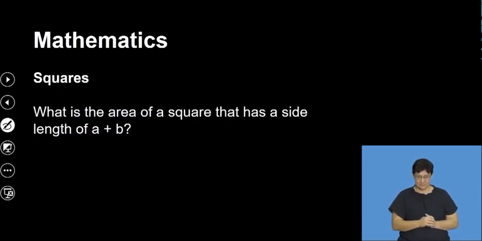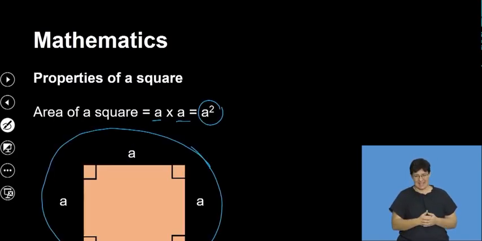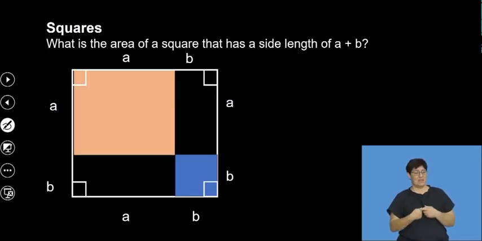But now, what happens if the square has a side length of a plus b? So it's no longer just a, as I had with this one. If I add a portion to this particular square of mine and make each side a plus b, how will I find the area and what will that give me? So the shape will look something like this.